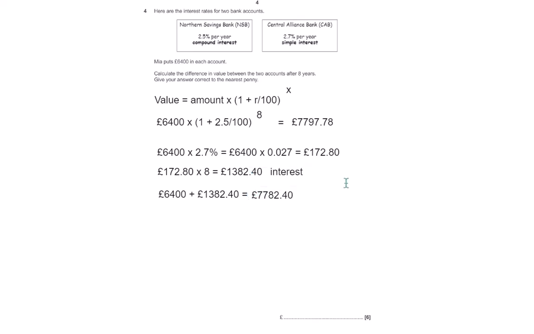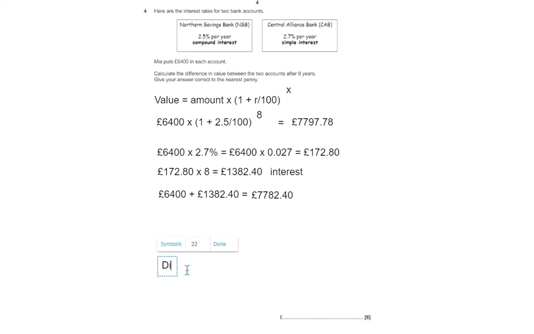And the question is asking for, calculate the difference in value between the two accounts. Give your answer correct to the nearest penny. So the Northern Savings Bank is 7,797 and 78 pence, and the Central Alliance Bank is £7,782.40.